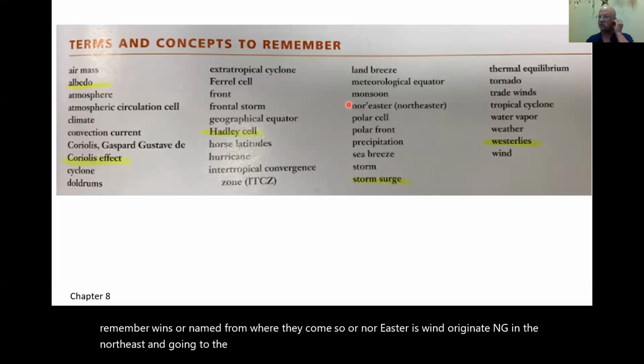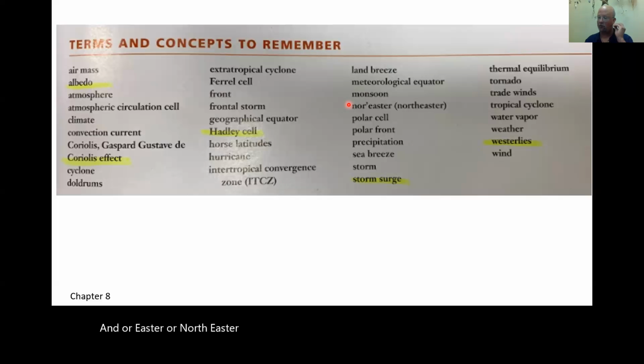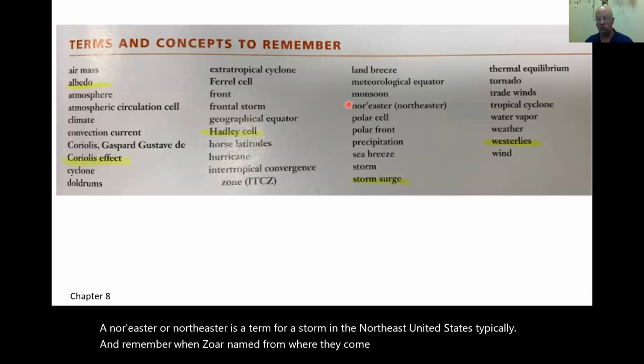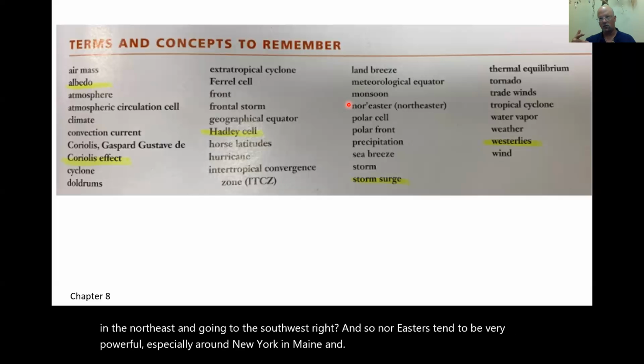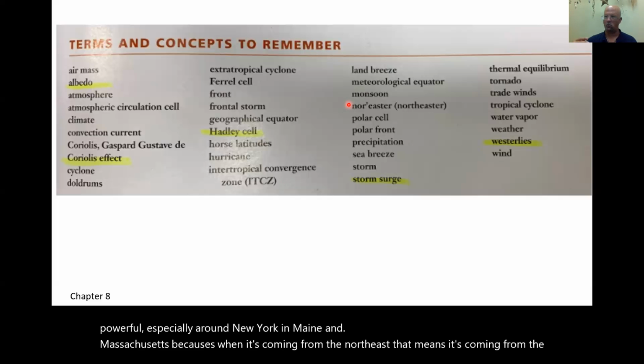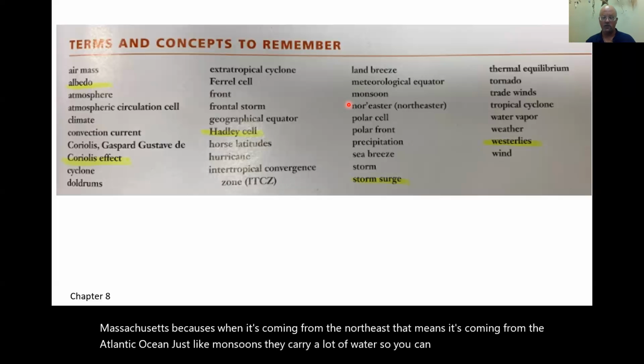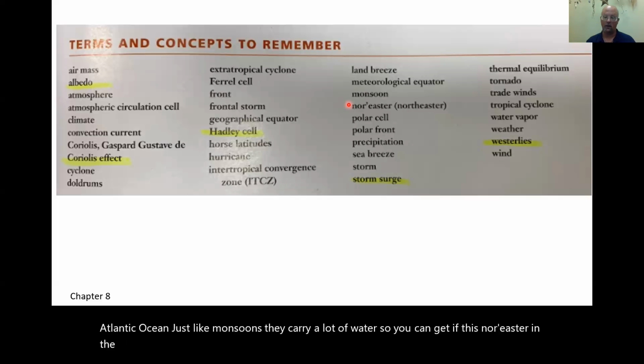Nor'easters tend to be very powerful, especially around New York, Maine and Massachusetts, because when it's coming from the Northeast, that means it's coming from the Atlantic Ocean. Just like monsoons, they carry a lot of water. If it's a nor'easter in the winter, you get a lot of snow and ice. If it's a nor'easter in the summer, you tend to get a lot of rain.